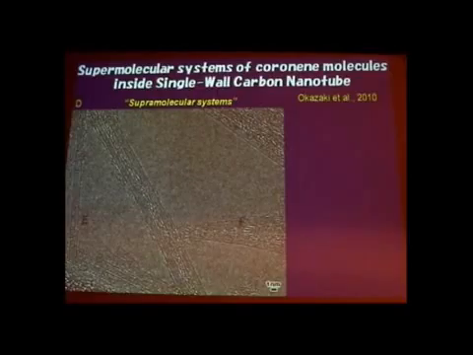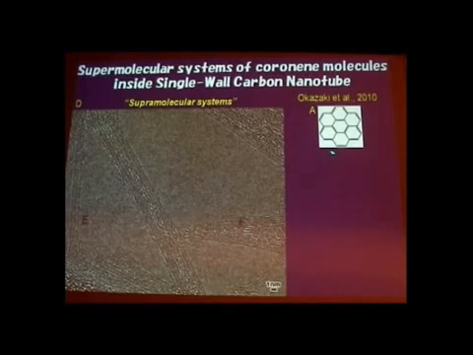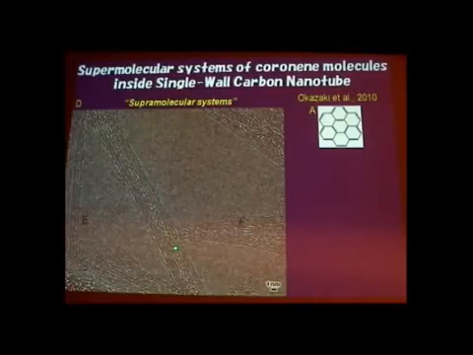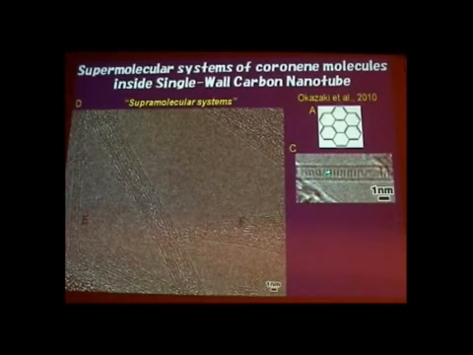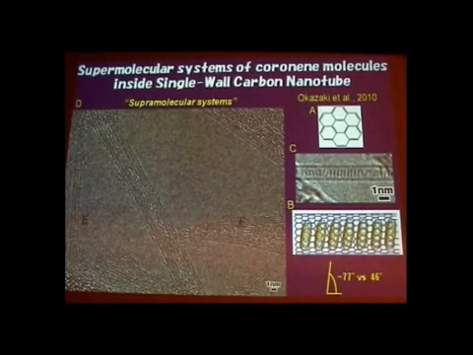Okay. Another one is coronene. Coronene is this molecule. So this time we put the coronene into a single carbon nanotube. So you see this. I think these are individual organic molecules stacked. Then you see this alignment with respect to the nanotube.